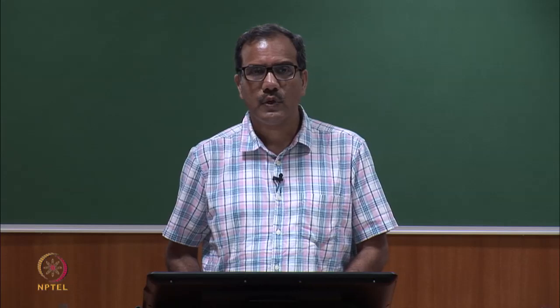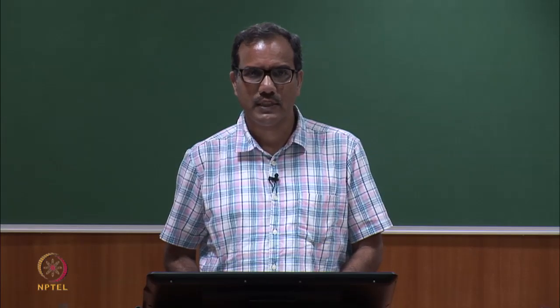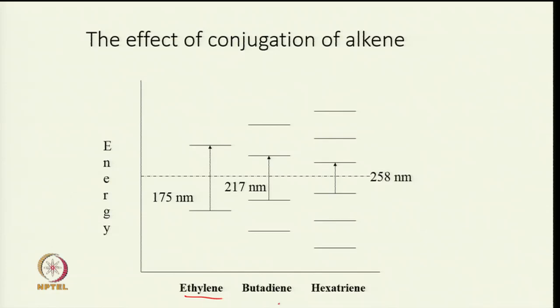Now, what is the effect of conjugation of alkene? If you go from ethylene to butadiene to hexatriene, and look at the energy, the energy gap between HOMO and LUMO decreases. And so, the lambda of transition between HOMO and LUMO increases since the energy gap decreases.